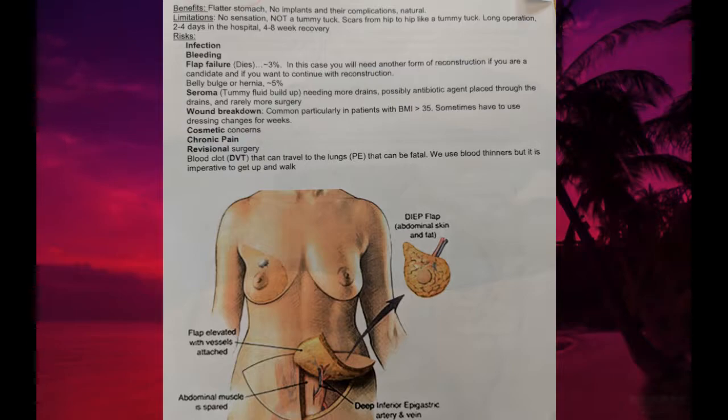But if you do choose a reconstruction, you need to talk to your doctor about the type of reconstruction that you want to have, and you need to ask about the risks that are involved in it, what kind of limitations are involved in it, what's the success rate of the surgery, and what is the satisfaction rate of the surgery, because those are very important.